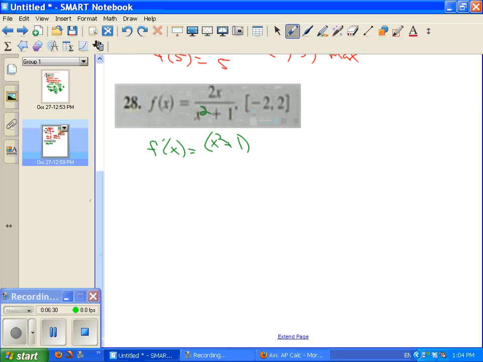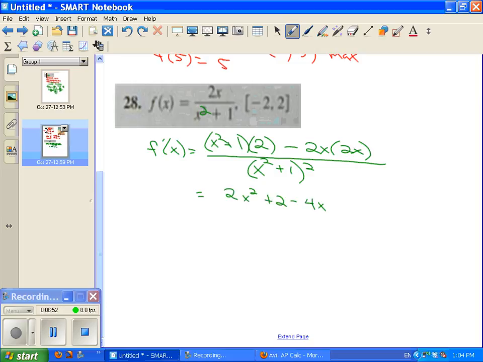So low d high is 2, plus high d low, and this should be minus, not plus, all over the bottom squared. You can't cancel those out, not yet. So I want to distribute here. I get 2x squared plus 2 minus 4x squared all over x squared plus 1 squared.